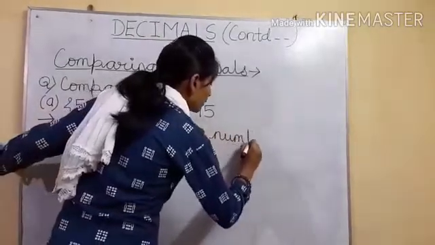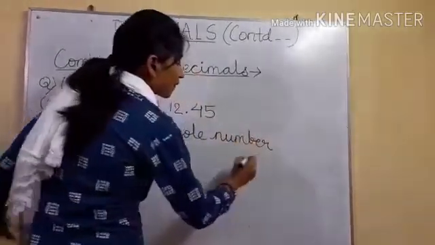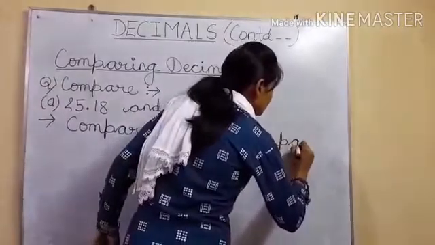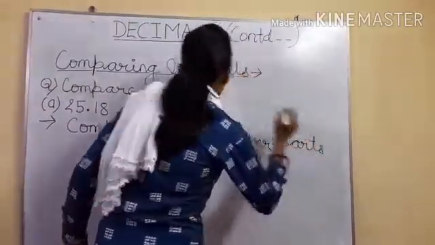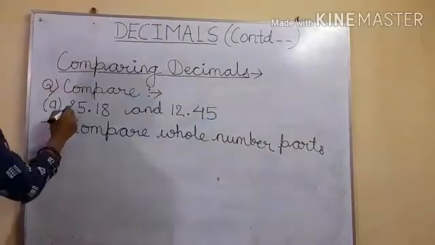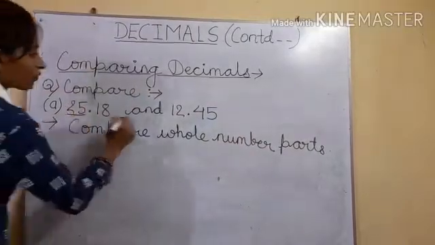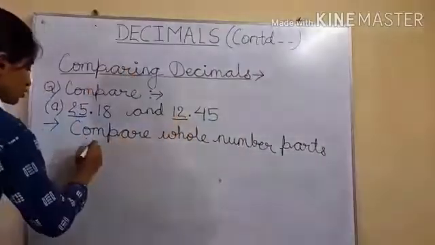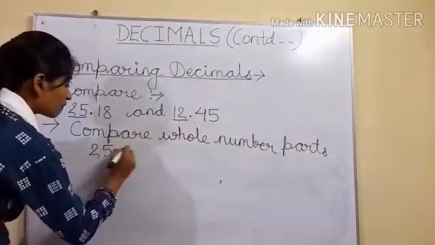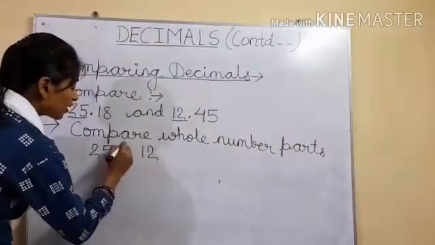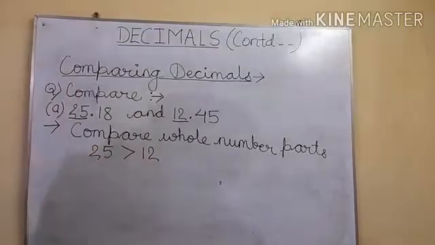Now this one is the whole number part, 25, and here 12. So we will compare it, 25 and 12. 25 is bigger than 12.